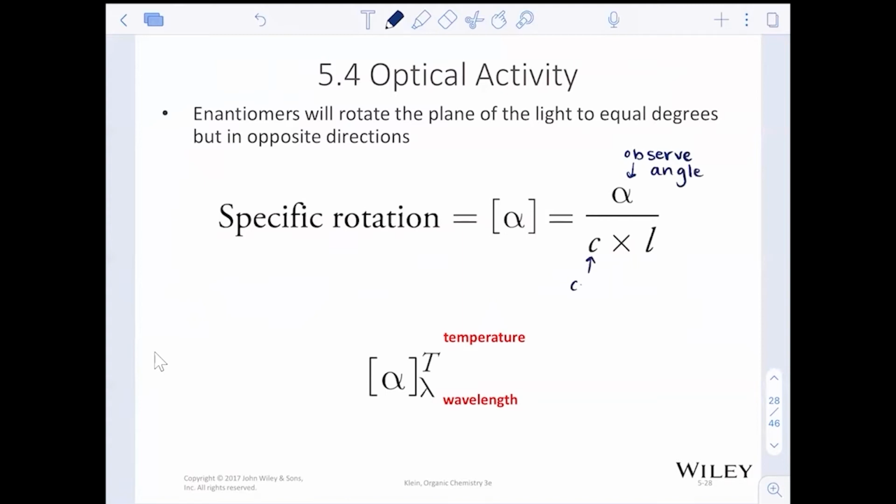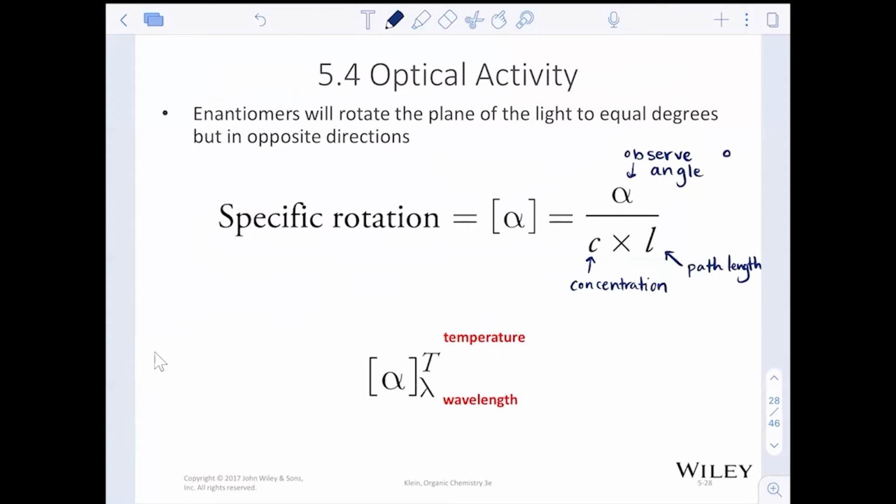This is the concentration of your sample, because it is concentration dependent, and this is the path length of your sample cell. It's also dependent. Now, we will mainly be giving you the specific rotations, but I wanted to make sure that you knew how they actually were calculated.